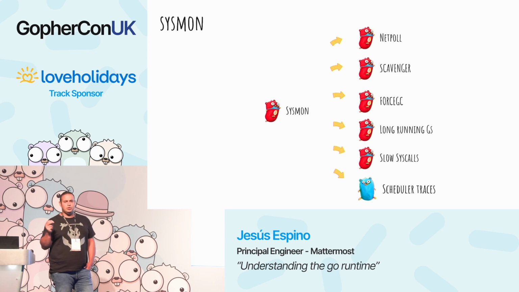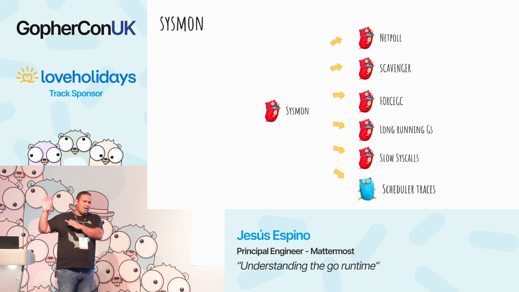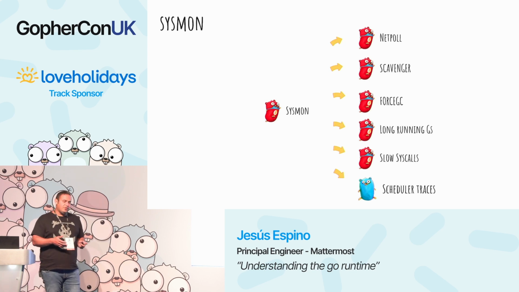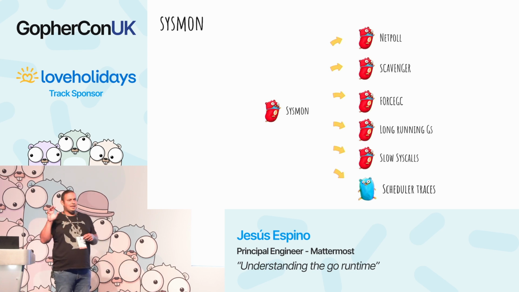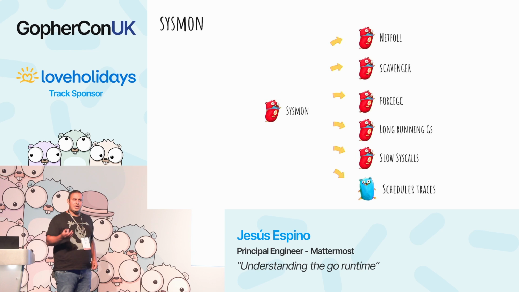It detects that the syscall is slow and the thread is blocked, so it takes that thread with that goroutine and puts it aside from the current virtual processor. While that operating system thread is waiting, it's going to spawn another thread, associate it to the processor, and keep going with another goroutine. So this is part of the responsibility of the system monitor: detecting slow syscalls to put them aside and allow the other goroutines to take advantage of that time.